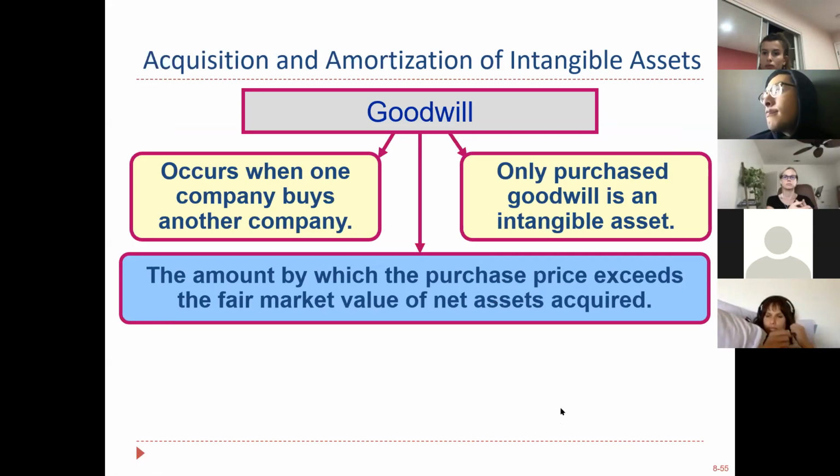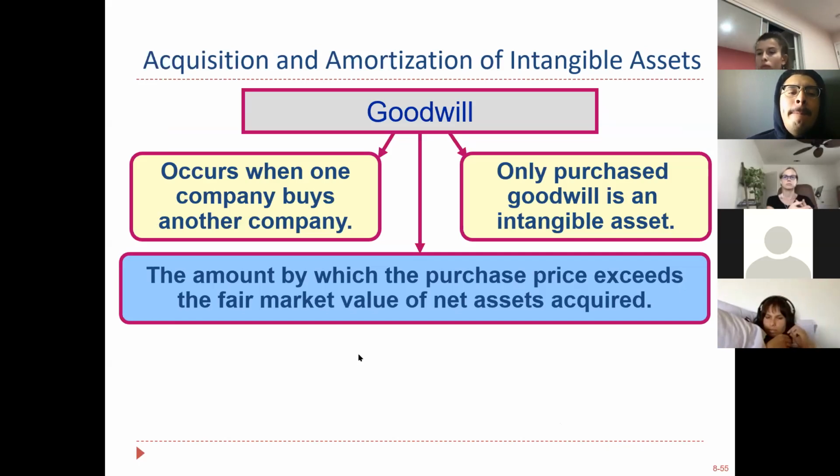So you come to me and you say, I'll give you $1 million for your company. I say, no, I don't want $1 million. That's not enough. You offer me $2 million. I say, no. You offer me $3 million, and I accept. The $3 million minus the 2 is the goodwill.